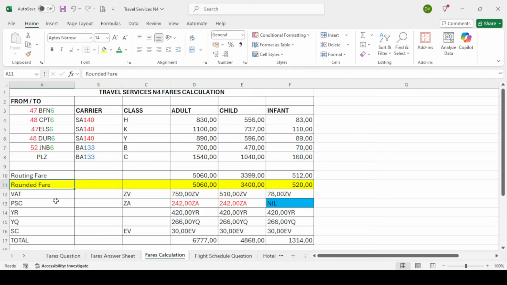To work out your PSC, you have to insert your PSC cost per departure city. This is the red value that I've got at the top here. You add them all together and it gives you your PSC. The adult and the child pay PSC. The infant will never pay PSC. You simply write in the word nil.